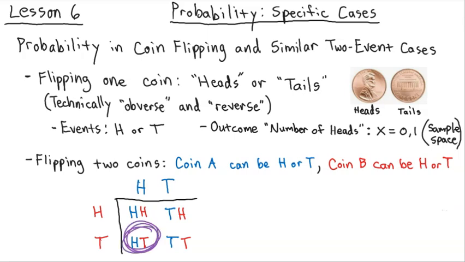This one right here is actually a different event. On this one, we got a heads on the first coin and a tails on the second coin. And you may be thinking, but these two are the same thing. Well, they're the same outcome, but they're not the same event. In this one, the first coin is a tails, and in this one, the second coin is a tails.